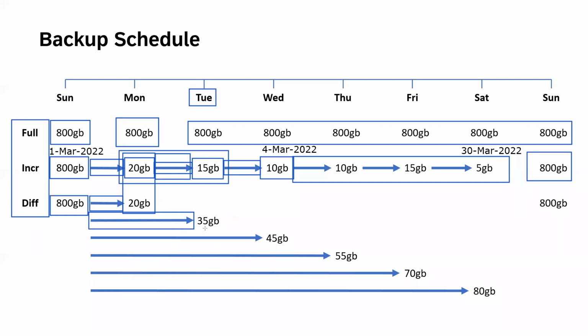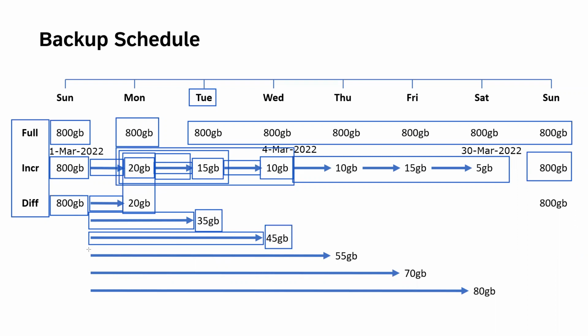So on Tuesday, it will back up the changes which were done since Sunday, that is 20 GB plus 15 GB. That will be a backup of 35 GB. Same again on Wednesday, it will back up all the data which changed since the last full backup: 20 GB plus 15 GB plus 10 GB, that is 45 GB.